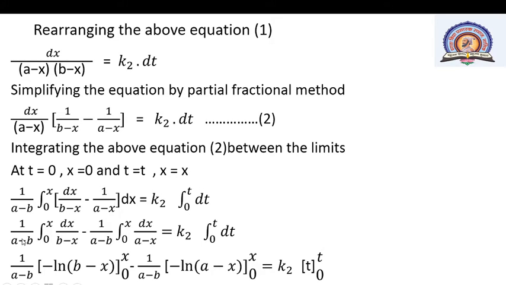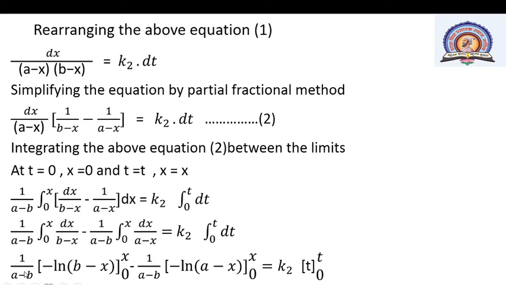Again solve this step. 1 upon a minus b integrate 0 to x dx divided by b minus x, minus 1 upon a minus b integration 0 to x dx divided by a minus x, is equal to k2 into integration 0 to t, 0 is lower limit and t is the upper limit, into dt.